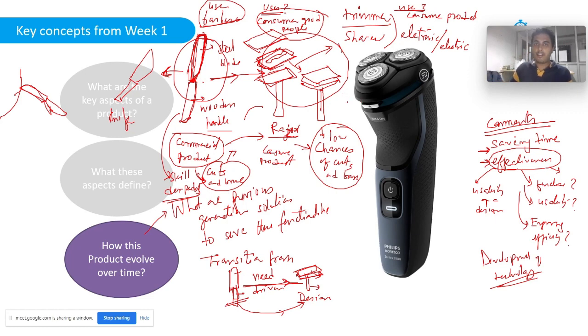However, if you see the next part, now you have this particular device. Again, it has certain user requirements. For example, what are the issues with a razor? Can you tell me the issues with a razor? Use the chat box.